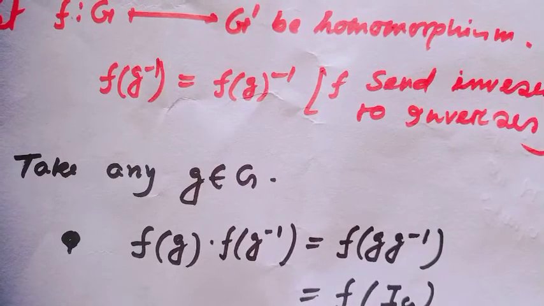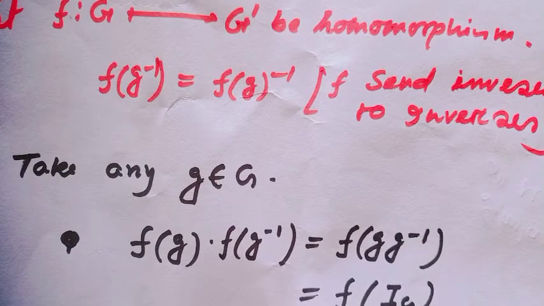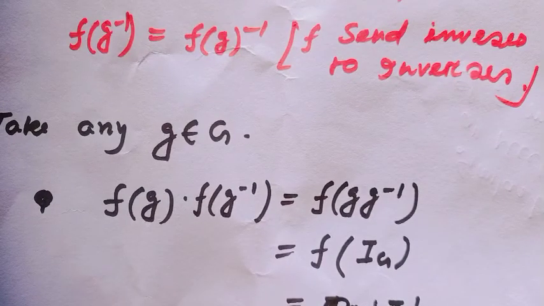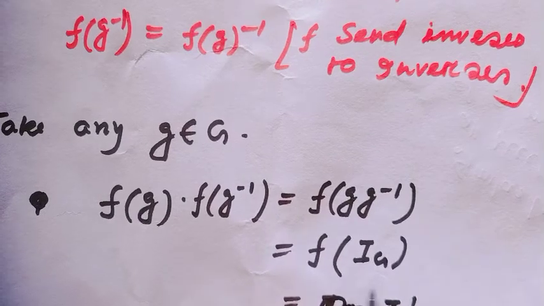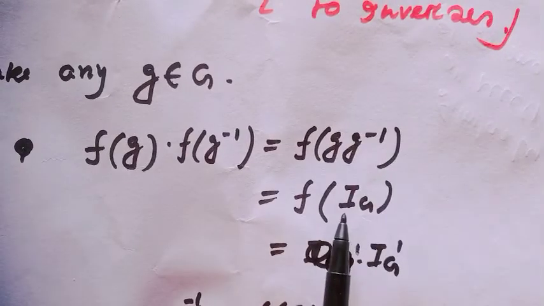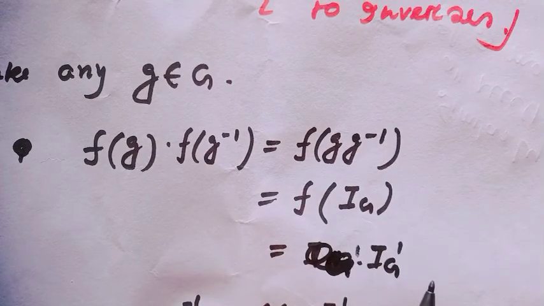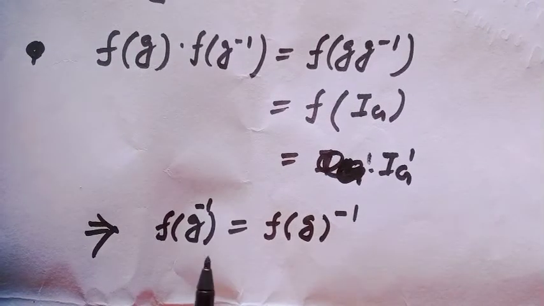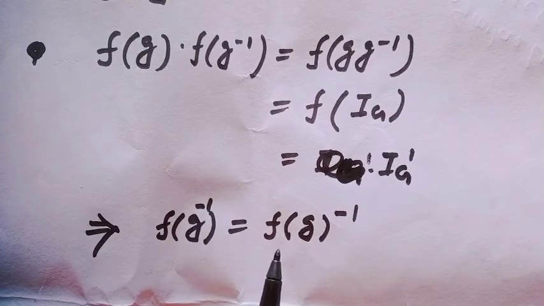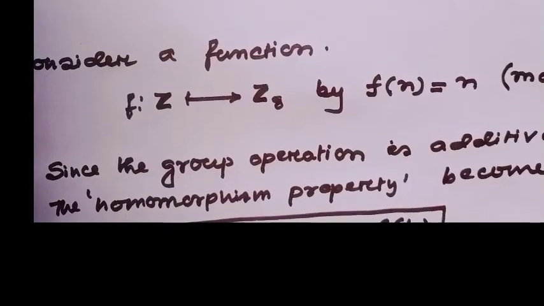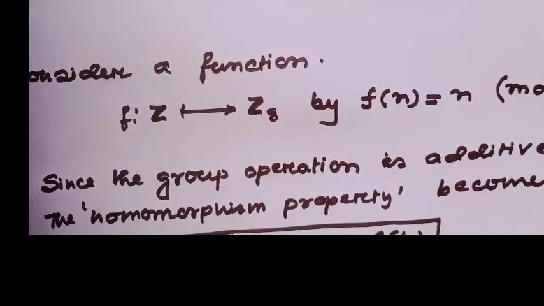Take any arbitrary g in capital G. Then f of g times f of g inverse, by the property of homomorphism, is always equal to f of g times g inverse, which is equal to f of identity in G, and f of identity equals identity in G prime. That means from this relation we can write f of g inverse equal to f of g inverse. Are you getting it?